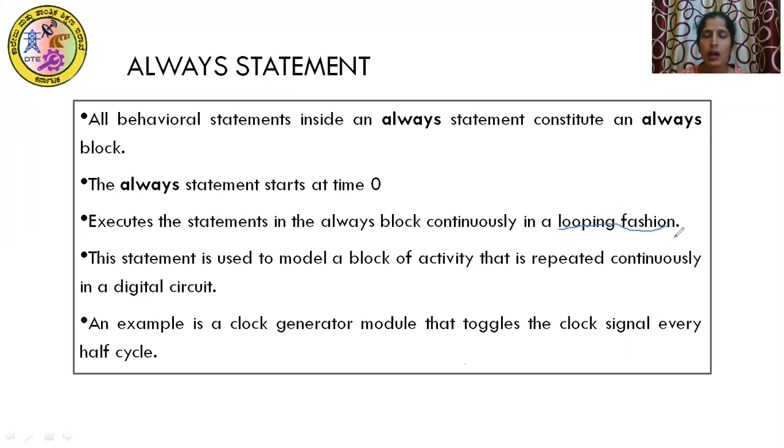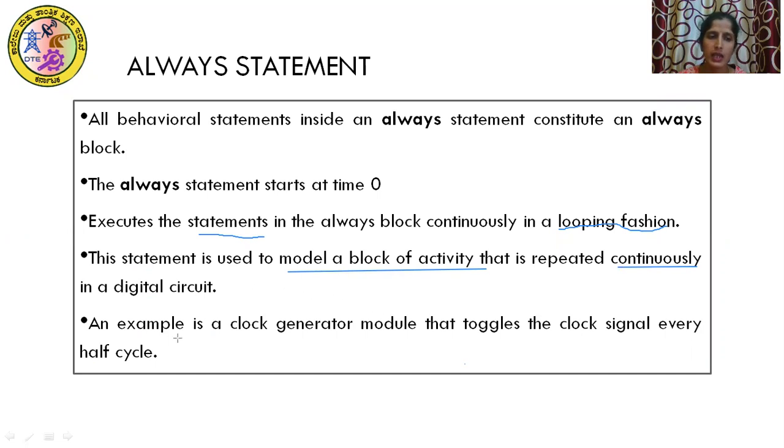Whereas in the initial block, the statements are executed only once, the statements in the always block are executed in a looping fashion. The always statement is used to model a block of activity that is repeated continuously in digital circuits. So the statements we write within the always block usually model a block of activity that we need to be executed repeatedly, that is continuously, in a digital circuit.